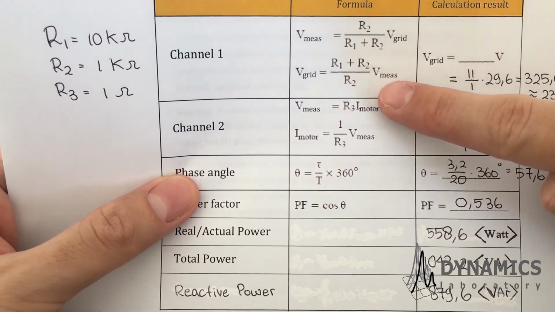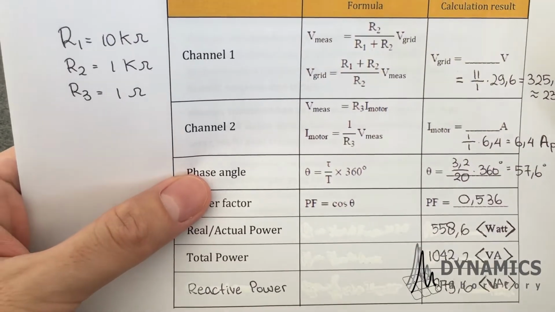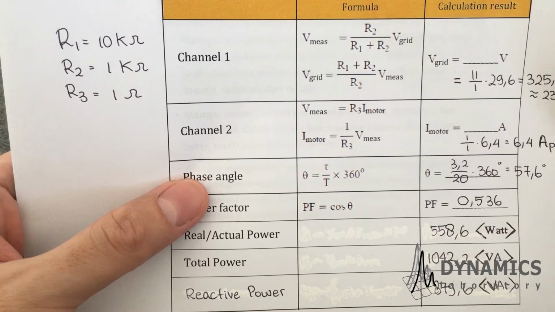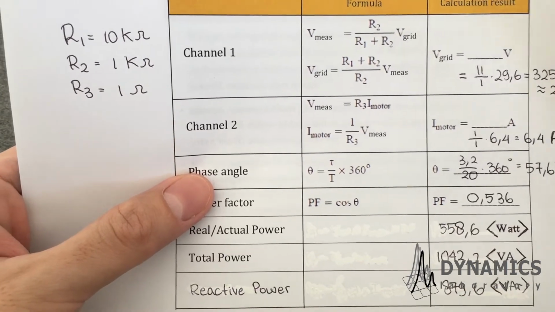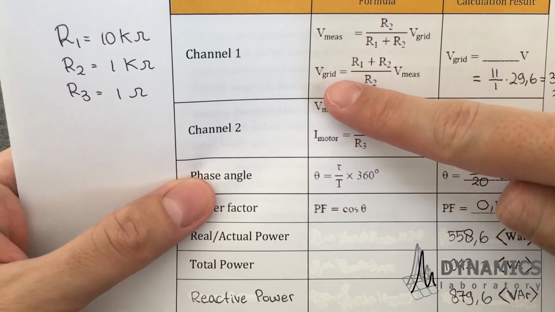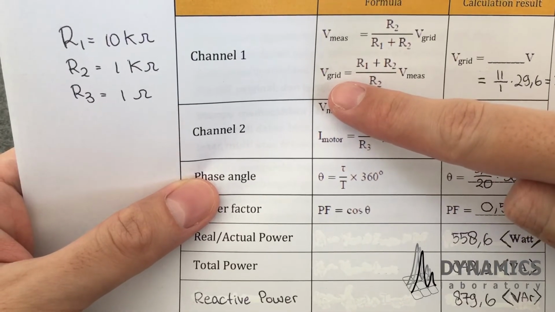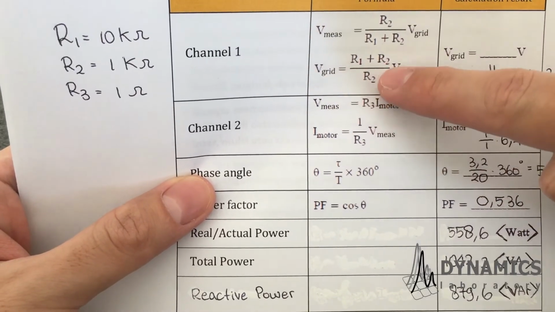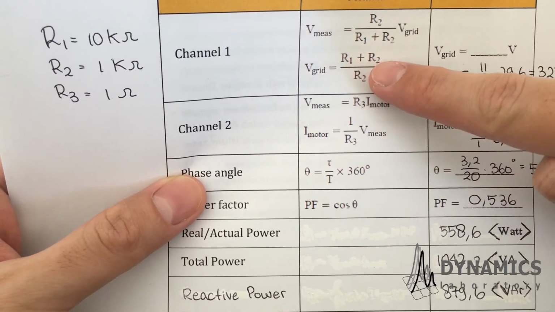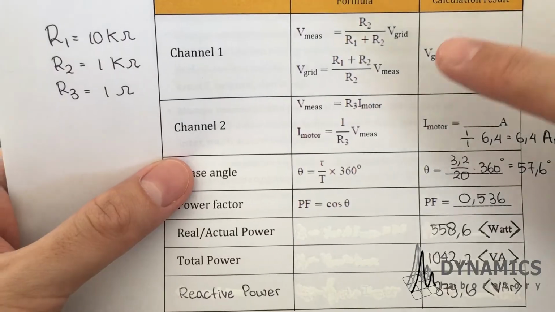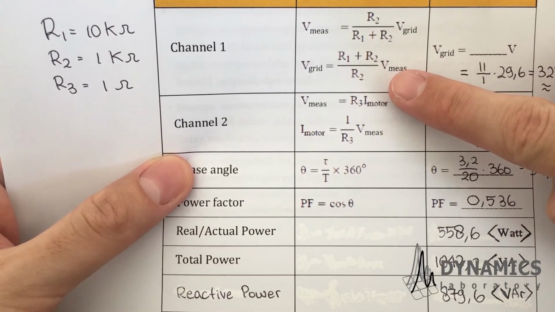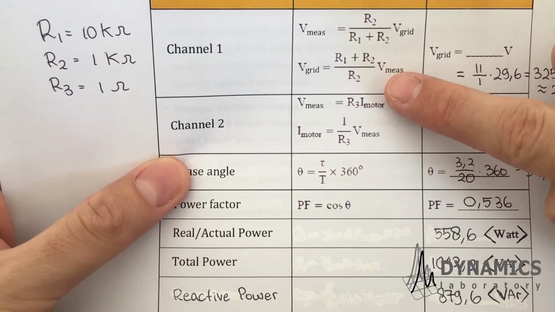The V measured is not the same as the grid voltage because we utilize a voltage divider circuit. Therefore, to calculate the grid voltage, or the amount of voltage supplied to the electric motor, we can use this formula. R1 and R2 are given, and we can see V measured from the oscilloscope.